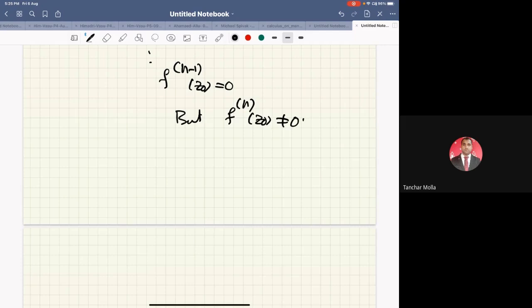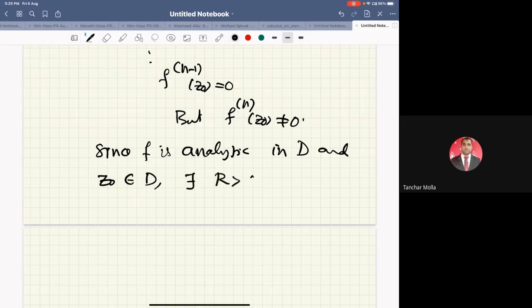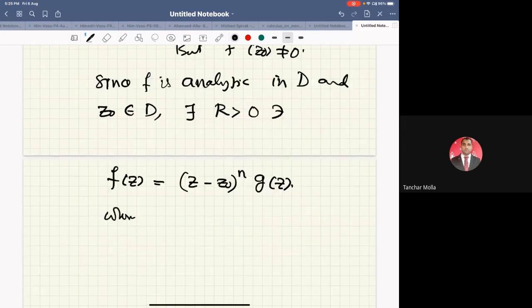Since f is analytic in D and our z naught belongs to D, there exists r greater than 0 such that our f of z can be written as (z minus z naught) whole power n into g of z, where g of z is the summation over k.